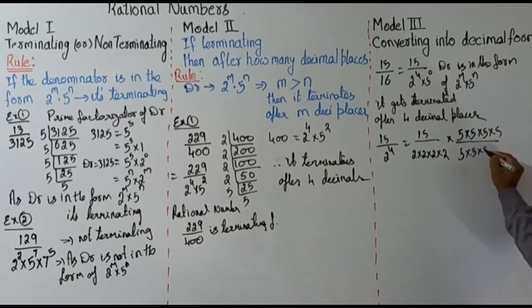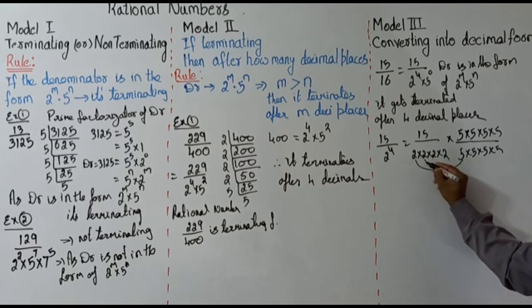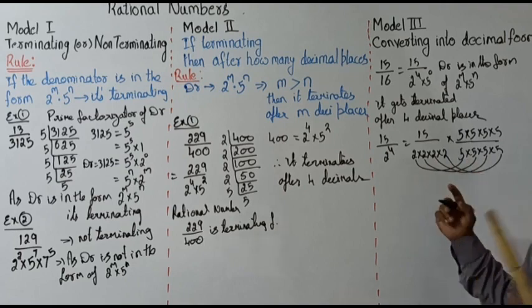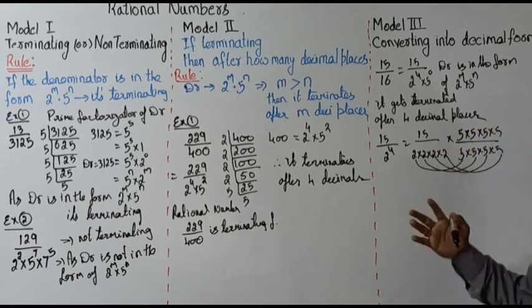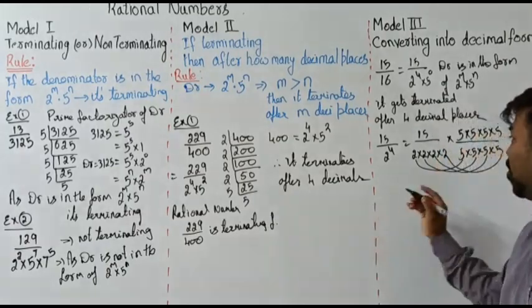See here, the first two paired up with this, and this paired up. Now 2 5's are 10, 2 5's are 10, 4 10's, all zeros. That's the logic we have to think on.